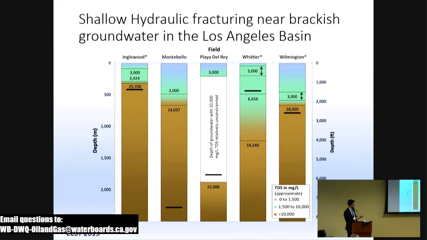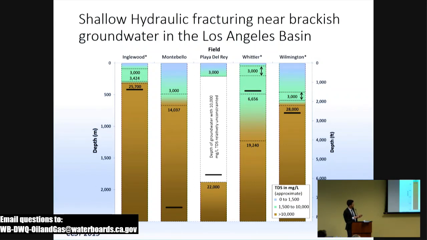The shades of color denote, in broad terms, the TDS concentrations, and the numbers in each of these bars are the TDS concentrations observed at that depth below ground surface. As you can see in the Inglewood oil field, for example, while there's no indication that hydraulic fracturing occurred in protected groundwater, it is not far away from that.